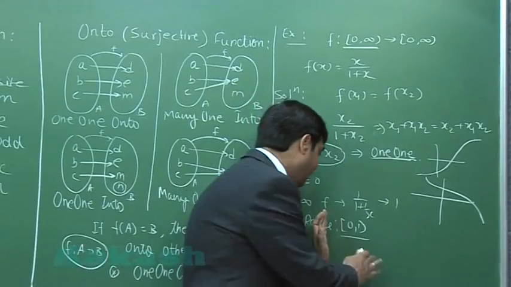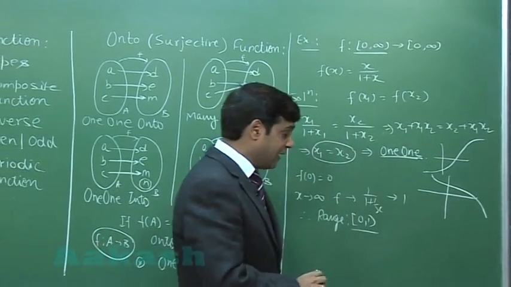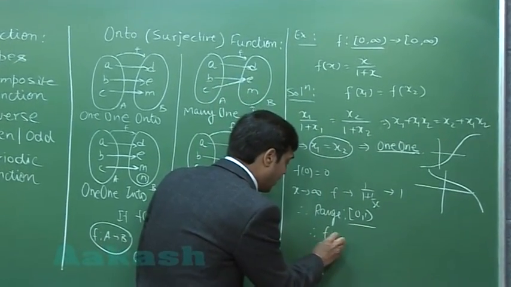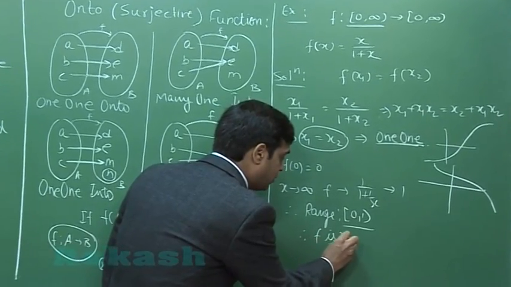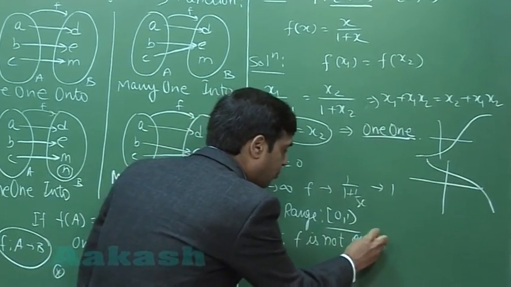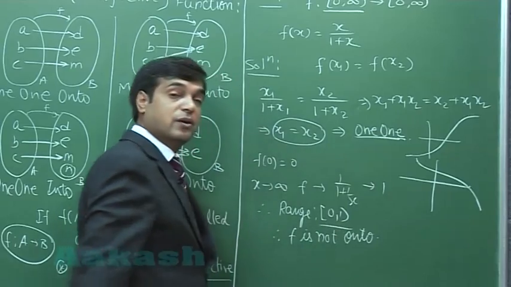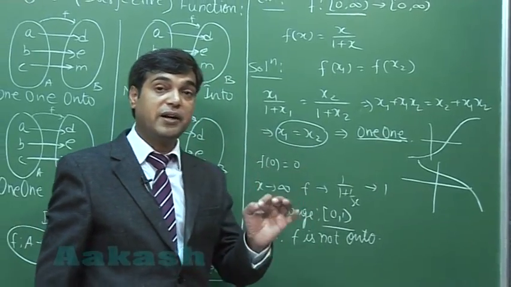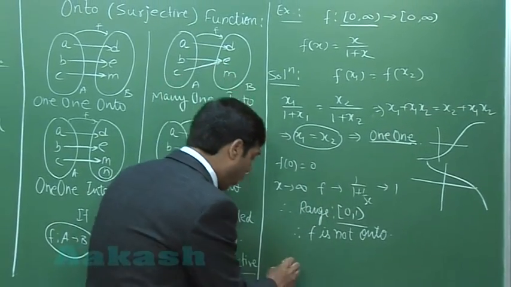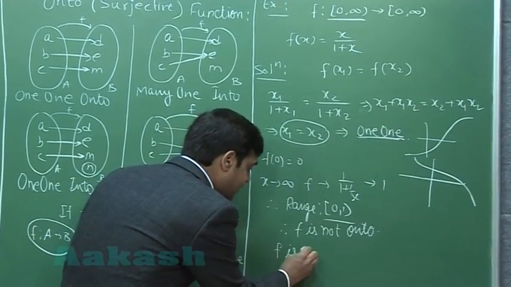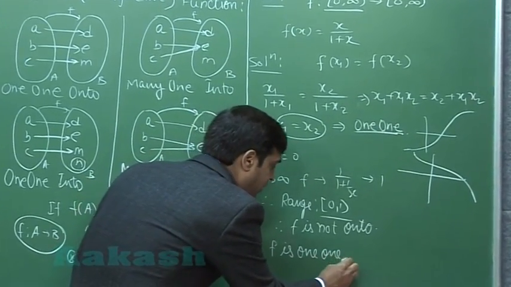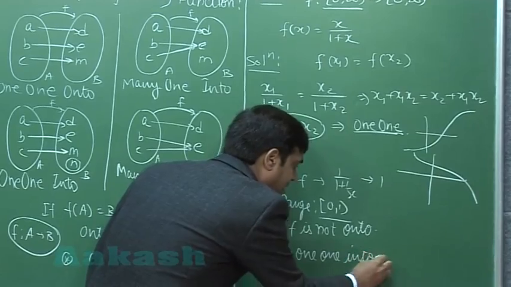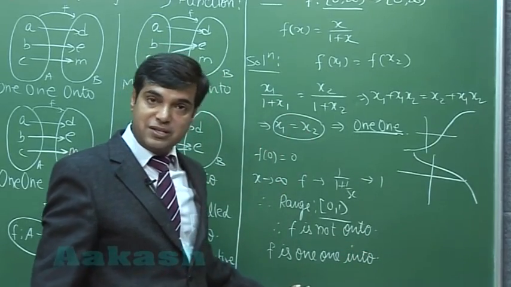So we can see that range is not equal to codomain, hence f is not onto. So we can say the function is 1, 1 but not onto, or we can say f is 1, 1 into. That point is clear.